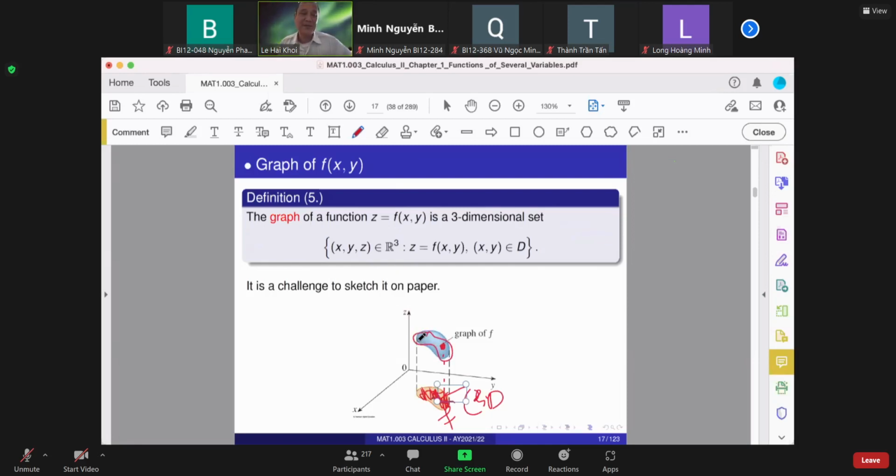Somewhere in the space, right? And not a plane. This is not a plane, but depending on the value of f, it is a solid. It means that it is a set in R3 already.